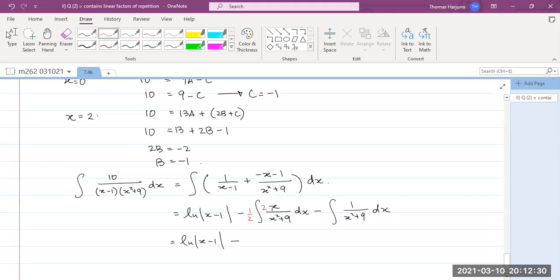Now notice that the top is the derivative of the bottom. So this is 1/2 natural log of x squared plus 9 minus, what is the integral of 1 over x squared plus a squared? The tangent inverse of x over 3. That's right.